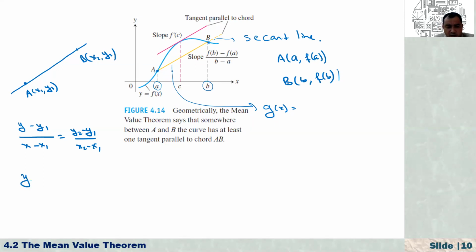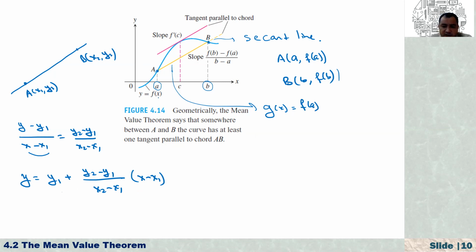Now from here, what is y? Y is equal to y1, right? And plus, here we have y2 minus y1 over x2 minus x1. Take this x minus x1 to the right-hand side. I have here x minus x1. So from here, if our equation is g of x, what is y1? That is f of a.